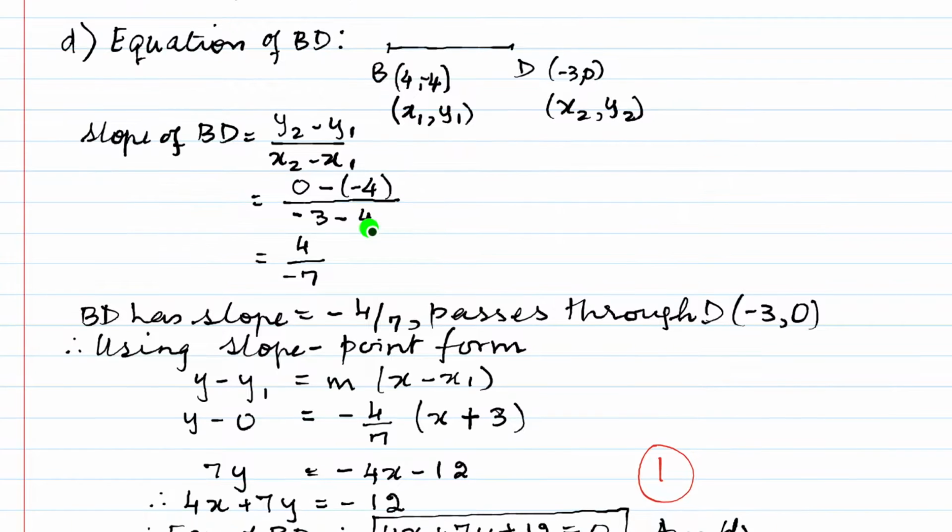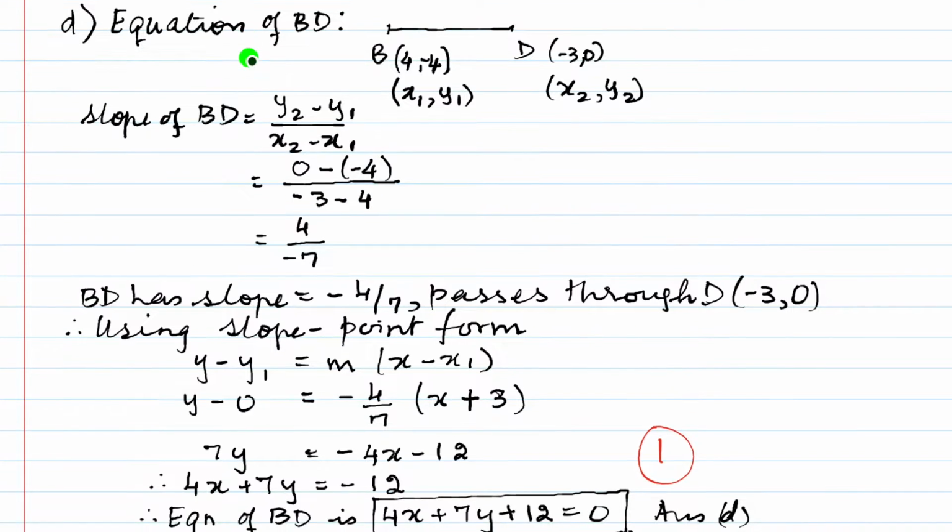We will draw the basic line for BD. B is (4, -4) and D is (-3, 0). We'll call this x1, y1. We'll call this x2, y2, and slope of BD will be given as (y2 minus y1) upon (x2 minus x1). You already know this formula.